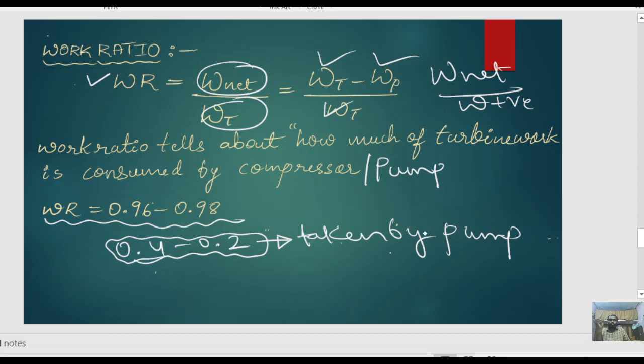For example, if the turbine produces 100%, in that 100%, 4% is taken by the pump. We extract that work from the turbine and give it to the pump. This is what the work ratio tells. If the question gives 0.96 to 0.98 as the work ratio, the pump takes 0.04 to 0.02.